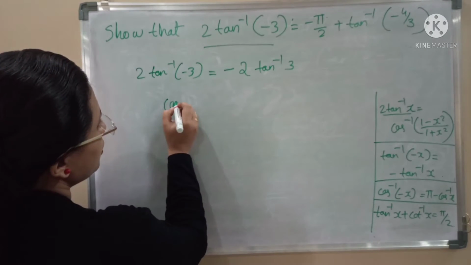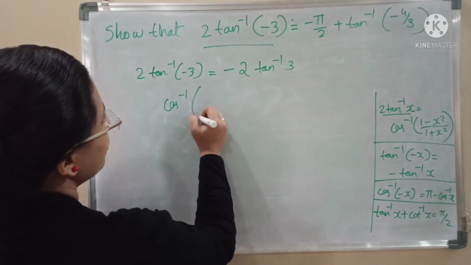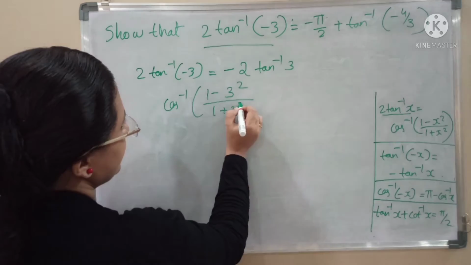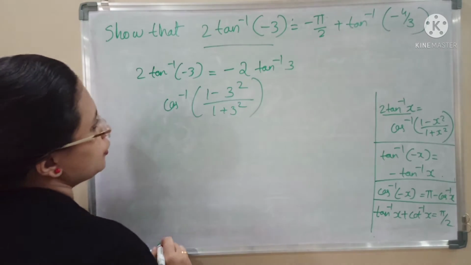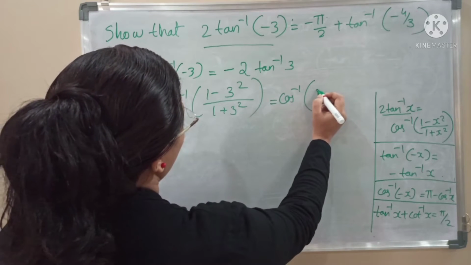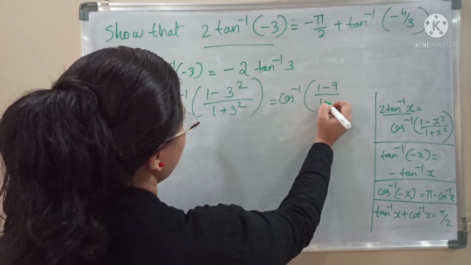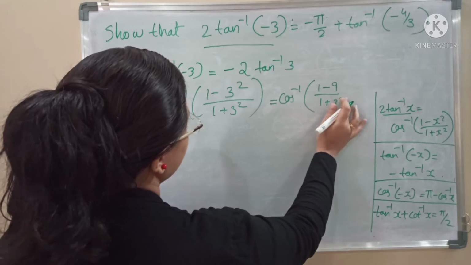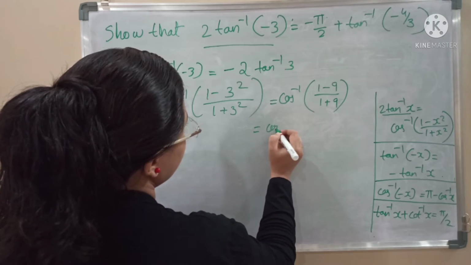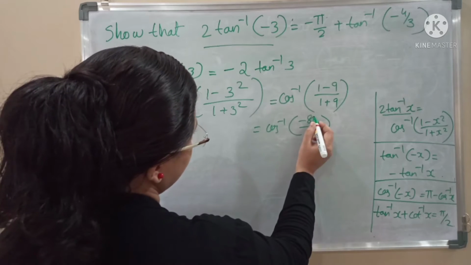So it will be cos inverse of 1 minus 3 square divided by 1 plus 3 square. What is 1 minus 3 square? It is minus 8, right? And 1 plus 3 square is 10. So it will be cos inverse of minus 8 divided by 10.